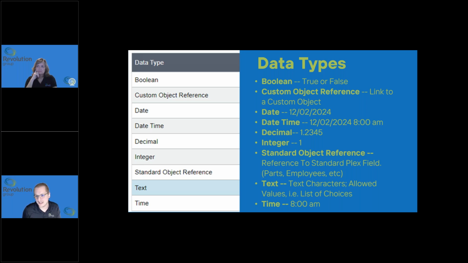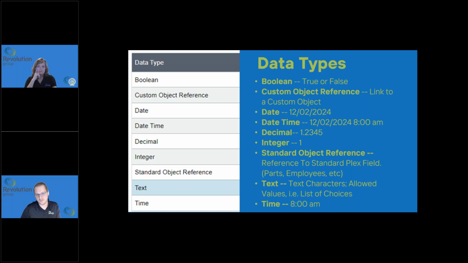So data types in the custom field, there are many different data types you can choose from. Booleans, for example, are commonly depicted inside of Plex as a checkbox. On the database side of things, it's either true or false.